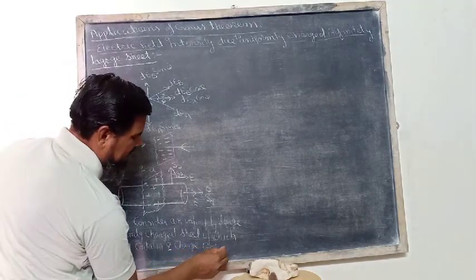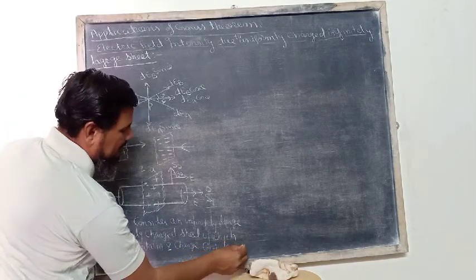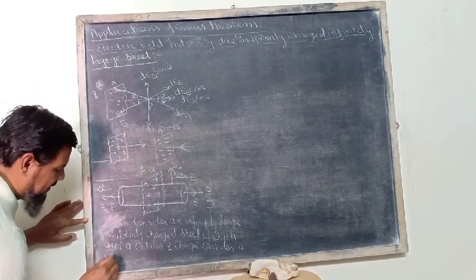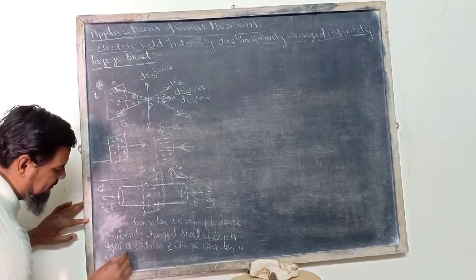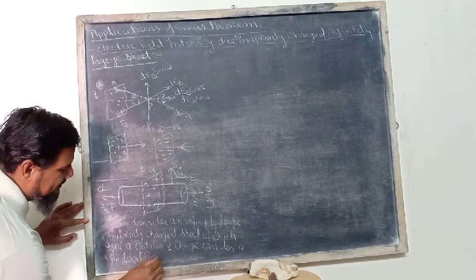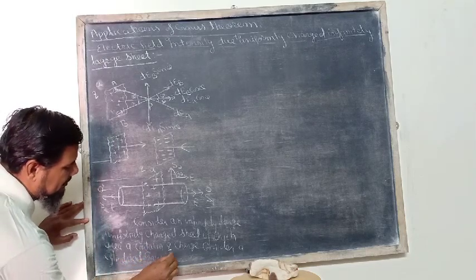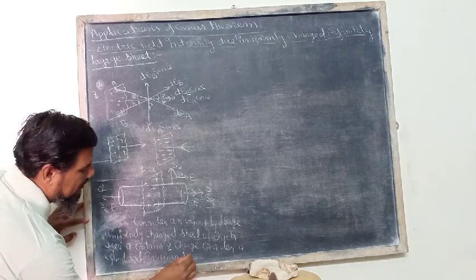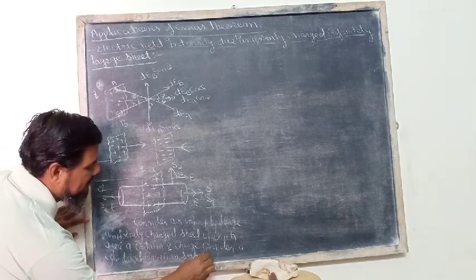Consider a cylindrical Gaussian surface.